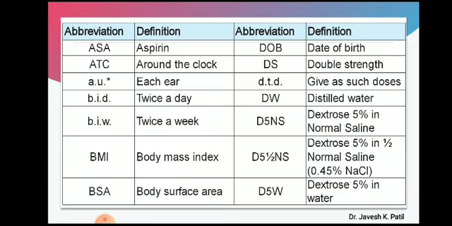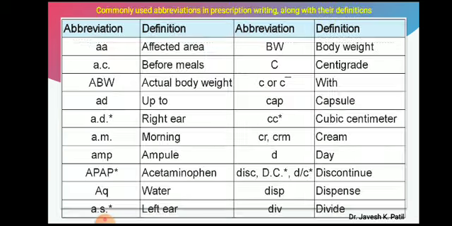Then some other abbreviations which are popularly used. ASA, aspirin, shortcut for aspirin. ATC, around the clock. AU, that is each ear. See, in the earlier table what we have seen, AD right ear, AS left ear.